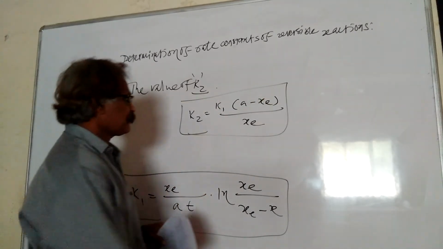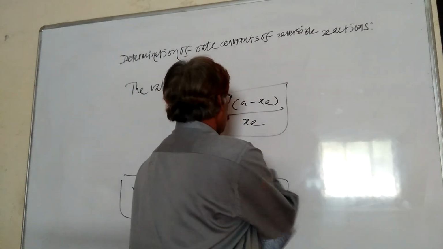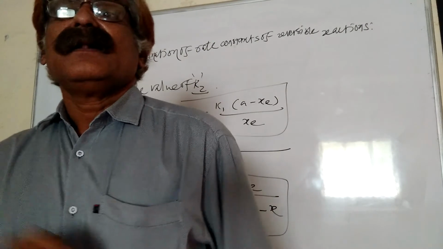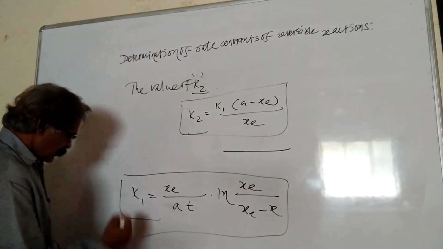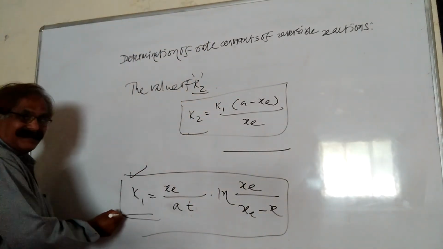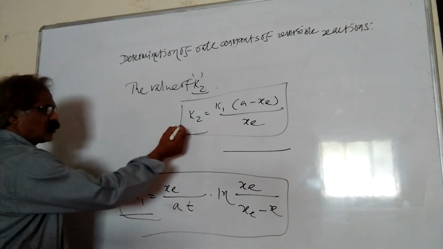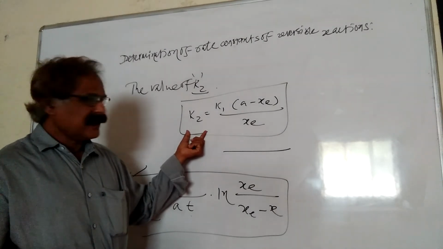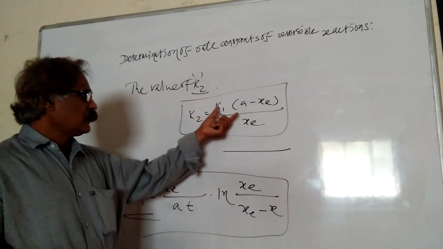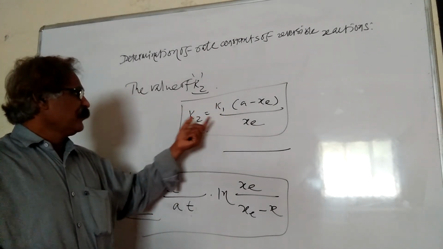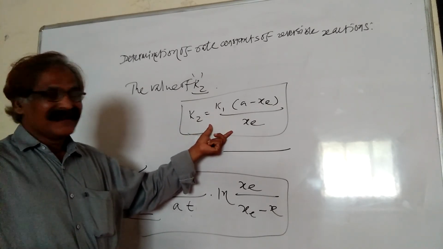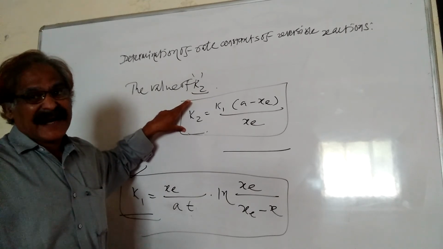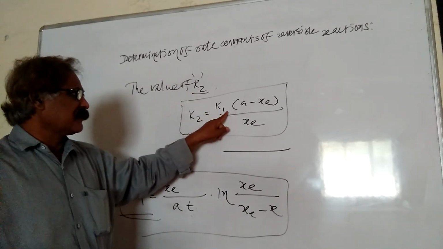So in this way, we have seen how we can determine the rate constant of forward reaction k1 and the rate constant of reverse reaction or backward reaction k2 from this expression. We can find out the rate constant of backward reaction k2 by substituting the value of k1.